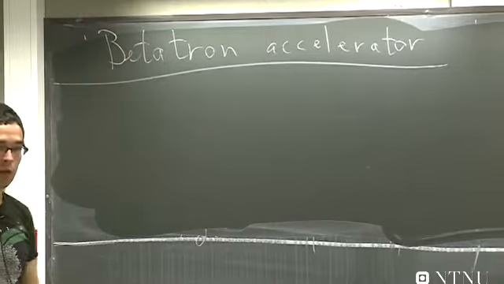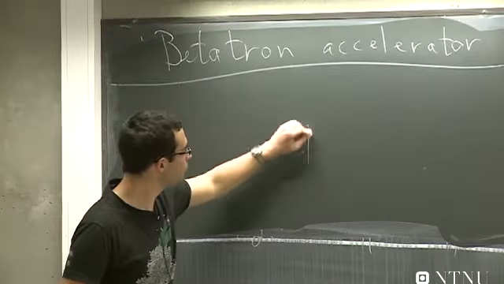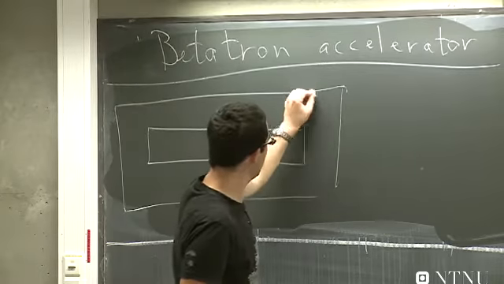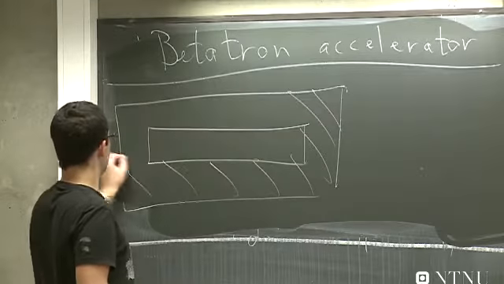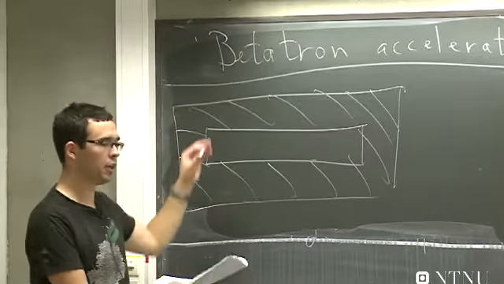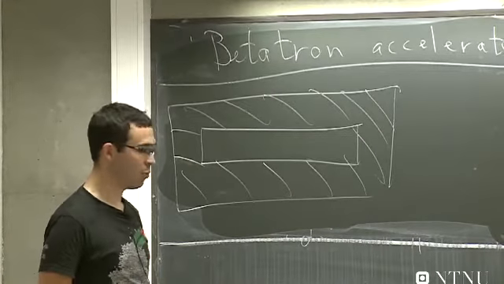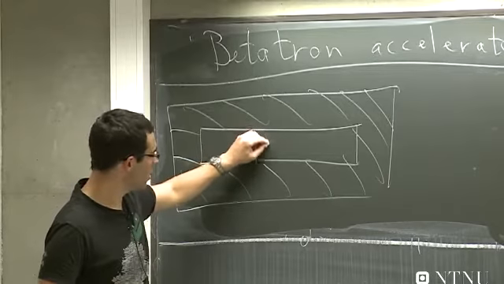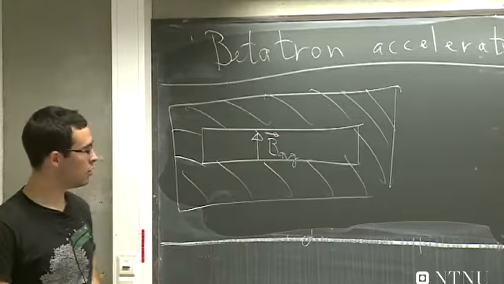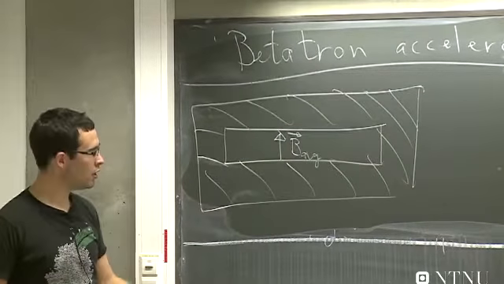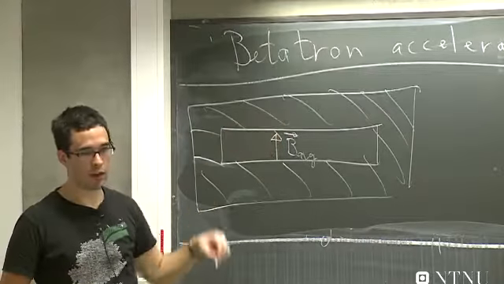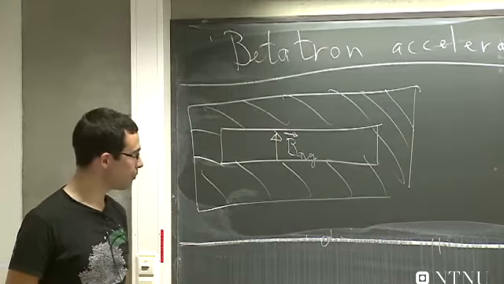Let's see. So, first of all, I built myself a vacuum chamber. And this vacuum chamber is also an electromagnet, or there's some electromagnet somewhere here. And thus we create a magnetic field inside this vacuum chamber. Now if I insert an electron into here, it will start to circulate around the magnetic field lines, as you've probably learned before.